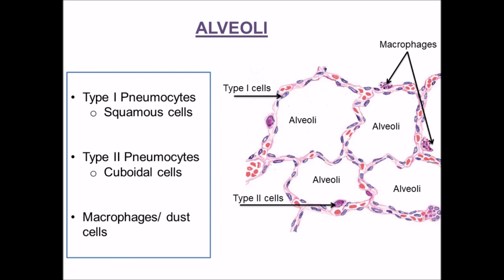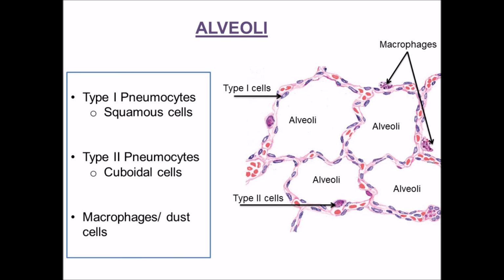Next is alveoli. These are the outpockets from the respiratory bronchiole or alveolar ducts or alveolar sacs. These alveoli are lined by simple squamous epithelial cells. These simple squamous epithelial cells are known as the type 1 pneumocytes. Now, along with these simple squamous epithelial cells, we can see some cuboidal cells.